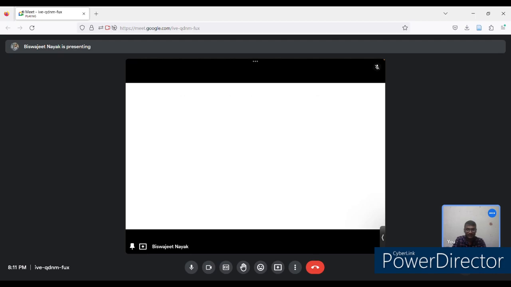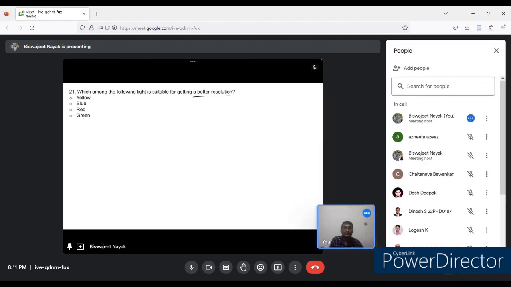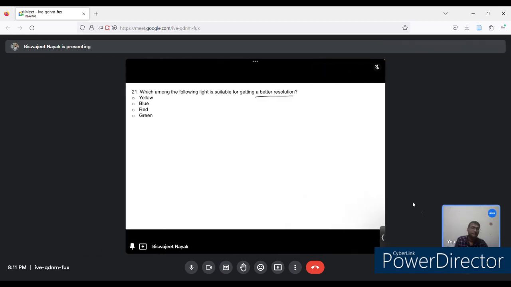Which among the following lights is suitable for getting a better resolution? Anyone want to answer? Which one? How does resolution depend on the wavelength?